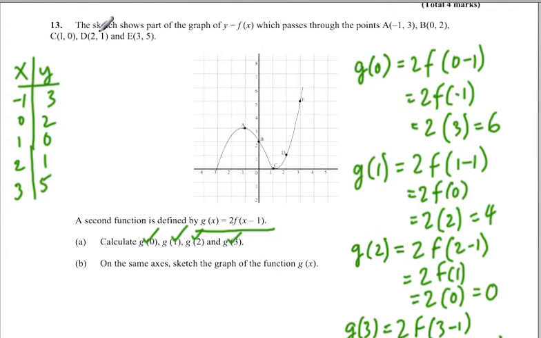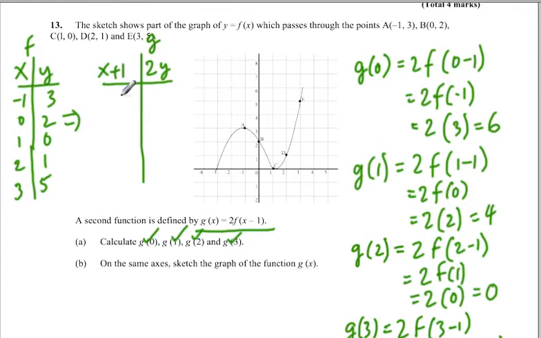Okay, so that's basically the original function, and if we transform it, so this is f, and then we're going to g. If we transform it, we can see it's a vertical stretch of 2, so it's basically 2y here, and translation 1 to the right.